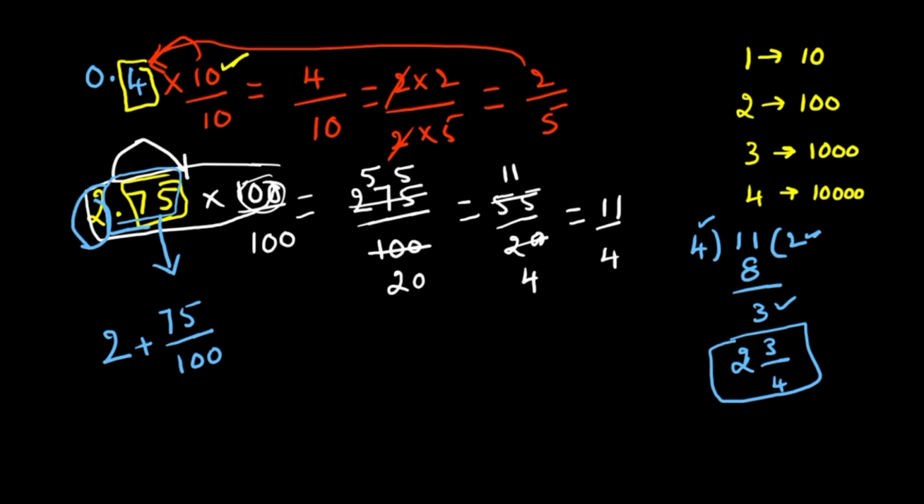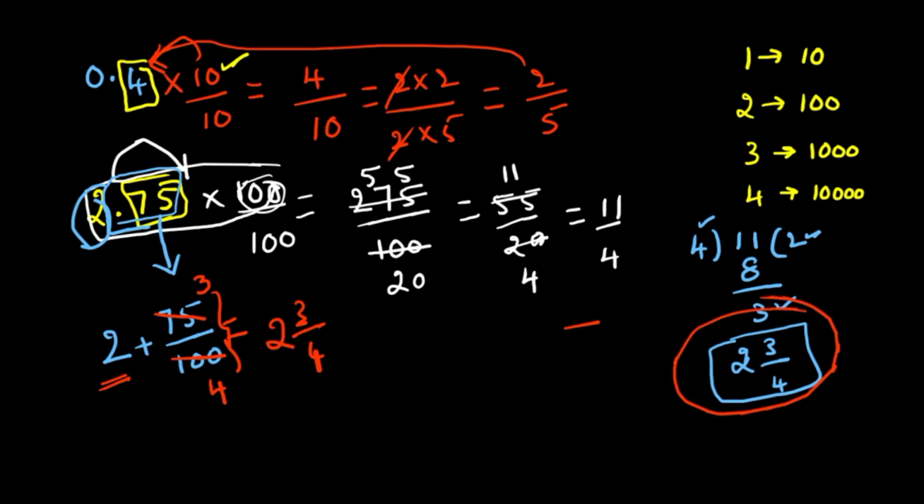So 100 with 100 I am going to divide. Now you know very well how to do the cancellation. We can cancel by the 25 table: 25 threes are 75 and 25 fours are 100, it will cancel. So finally you get here this 2 and this 3 by 4. See, the direct answer we got here, this 2 3 by 4.